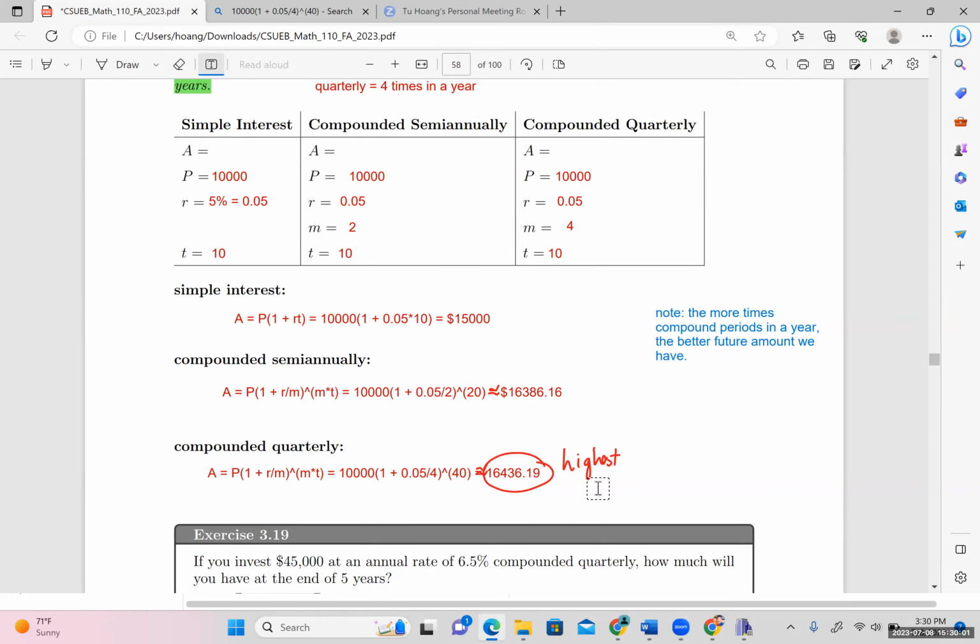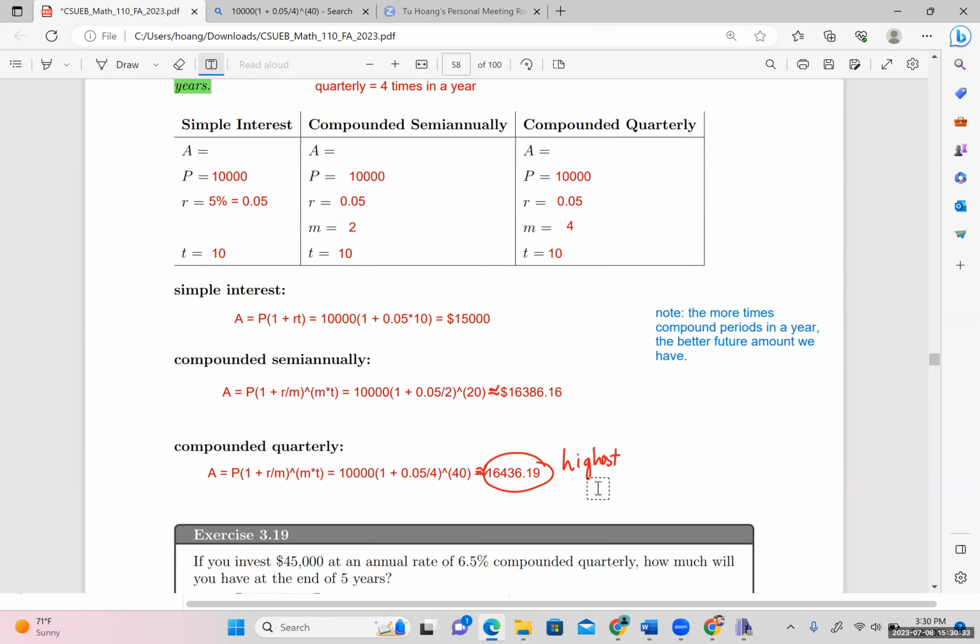And if I have compound daily, the future amount must be higher than compounded quarterly. Keep in mind that I assume the initial amount, the P value, is the same, and we are using the same rate, just different compounding periods in the year.